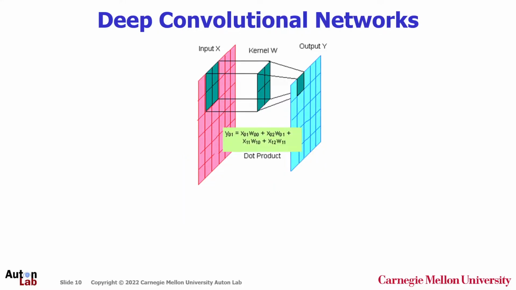In this case, the input matrix has size 6 by 6 and the output matrix is 5 by 5. Without the bias term, a fully connected layer would have 6 times 6 times 5 times 5 different parameters to train. As you can see, the convolutional kernel in this case has only 2 times 2, that is 4 parameters to train only.